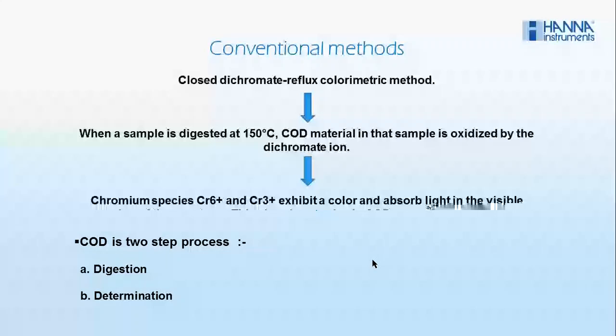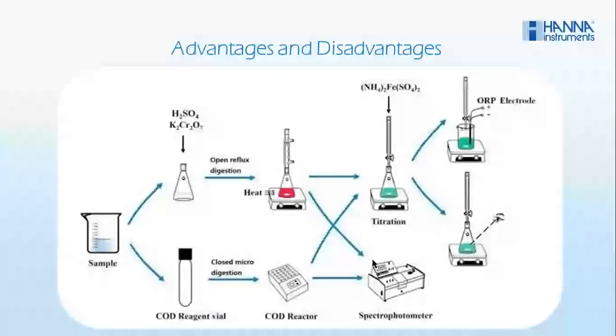You can analyze a maximum of 25 samples in just 3 hours. You will get results quickly as compared to the open reflux method, which produces a high amount of organic waste.